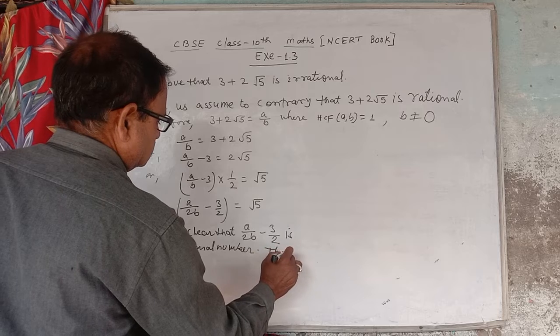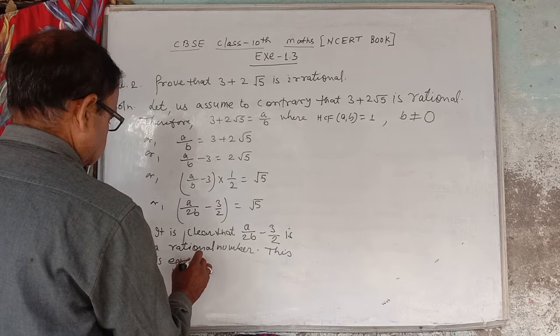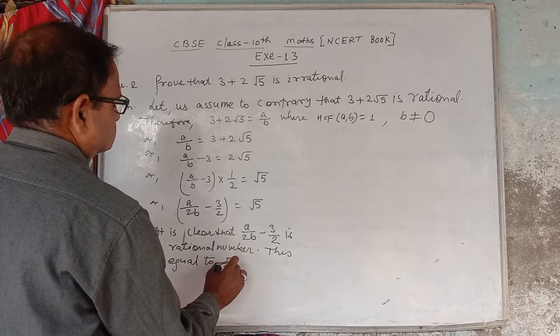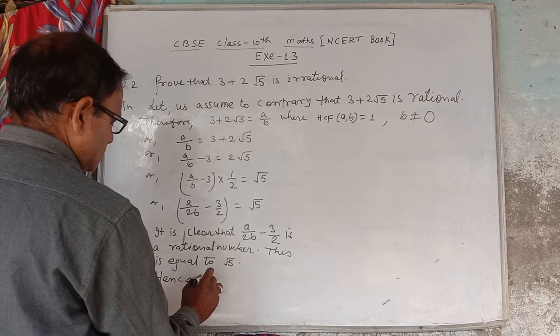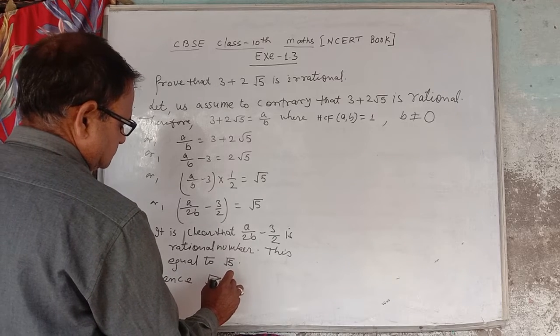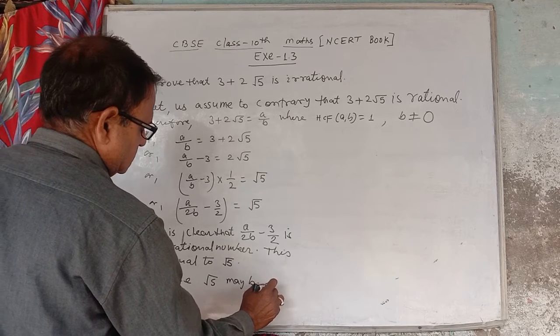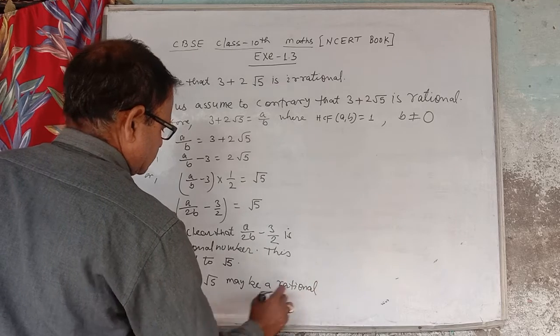This is equal to root 5. Hence, root 5 may be a rational number.